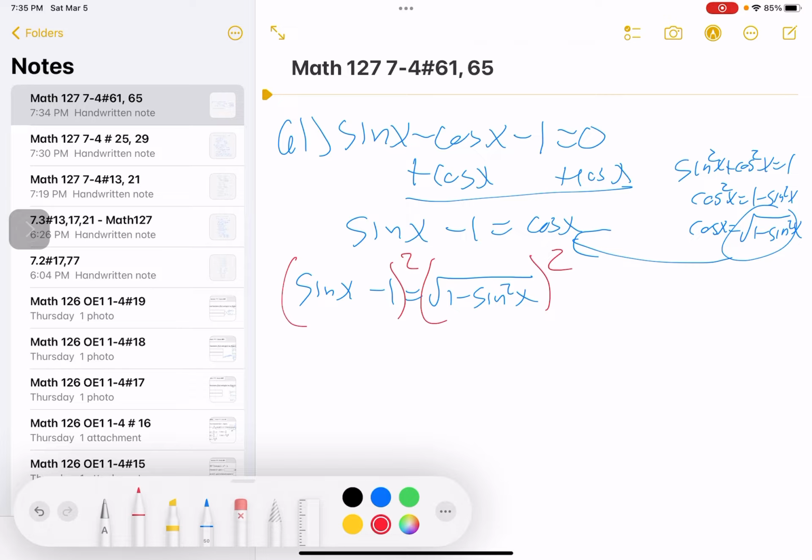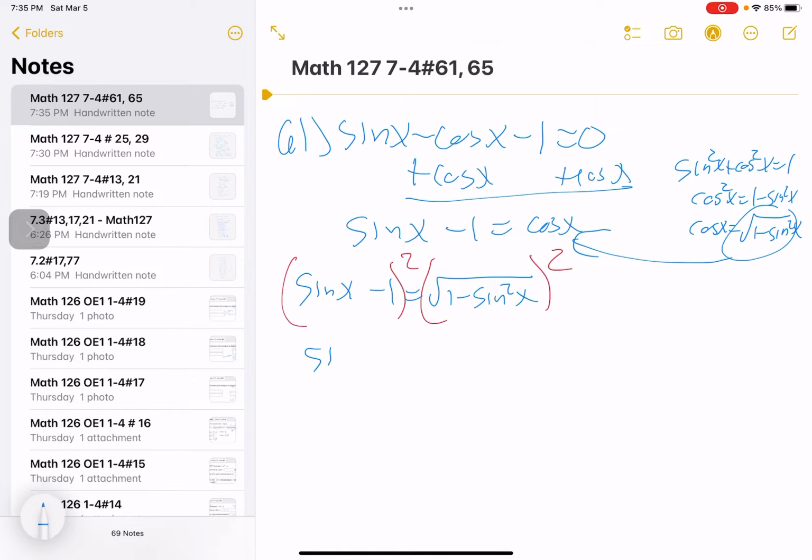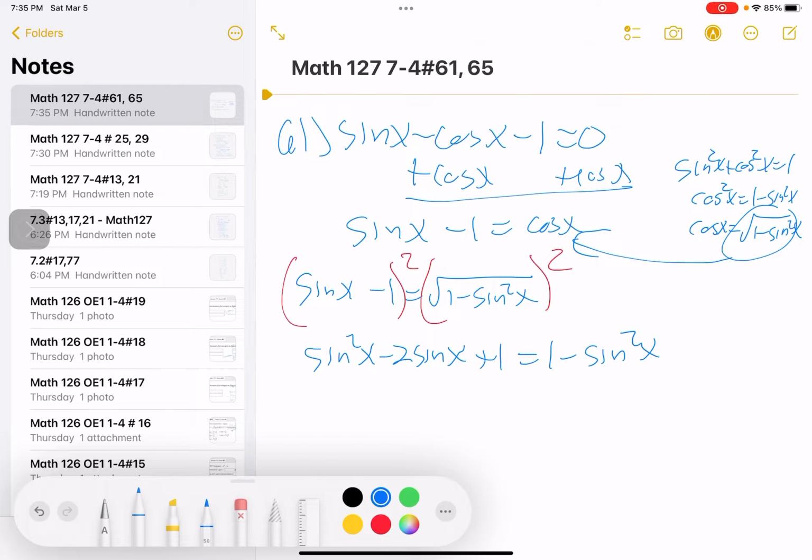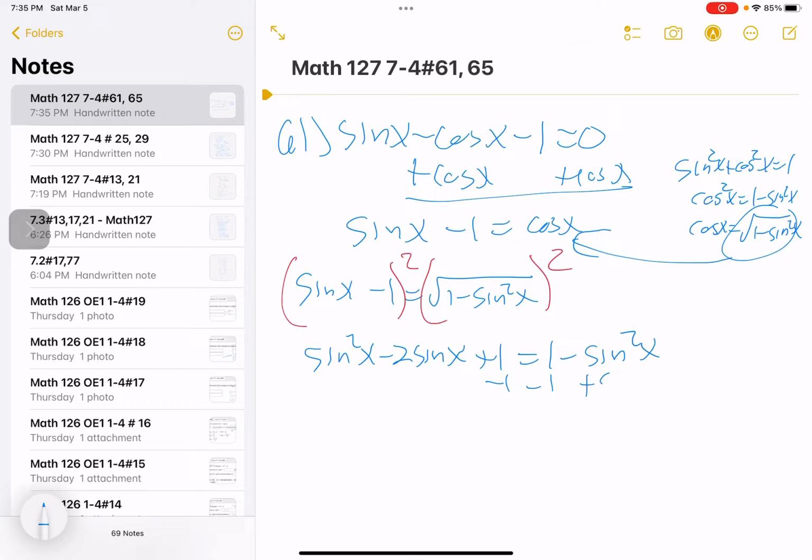So we have sine squared x minus 2 sine x plus 1 equals 1 minus sine squared x. So now if I were to subtract 1 from each side and add sine squared x to both sides, we would have 2 sine squared x minus 2 sine x equals 0.